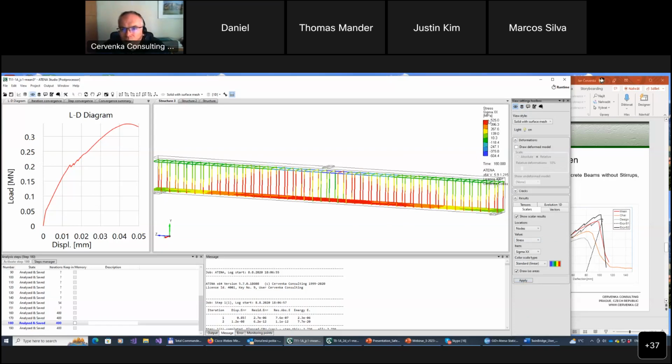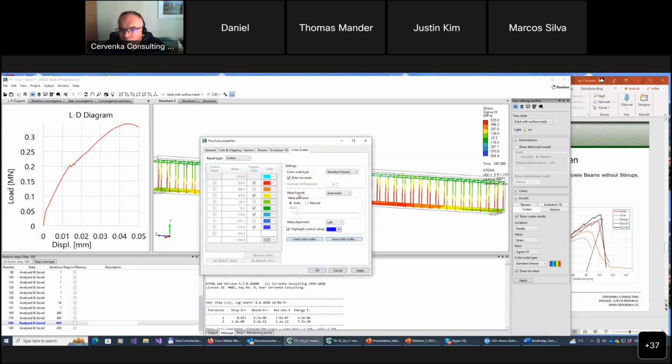The yield limit is 500, so we see some part of the reinforcement is above this. So I would propose to modify our scale to really see where this limit of yielding is.